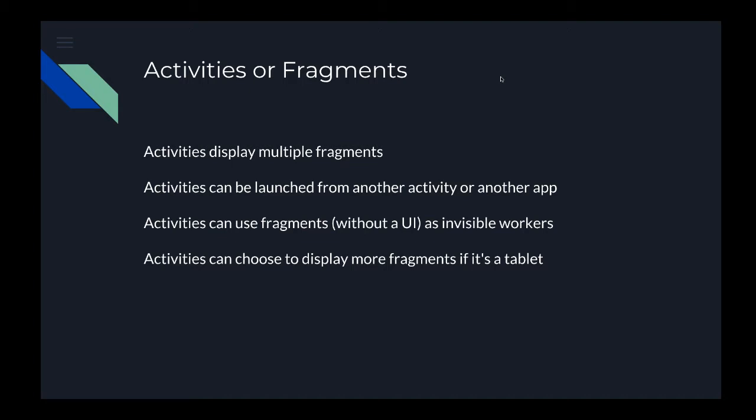Activities can choose to display more fragments if it's a tablet. So I don't have a marker to write on the board, and the 7 people that are on stream right now would not be able to see it. But if you have a tablet and you're in portrait mode, so up and down, you might show a list of all the data that you have contained in your app.